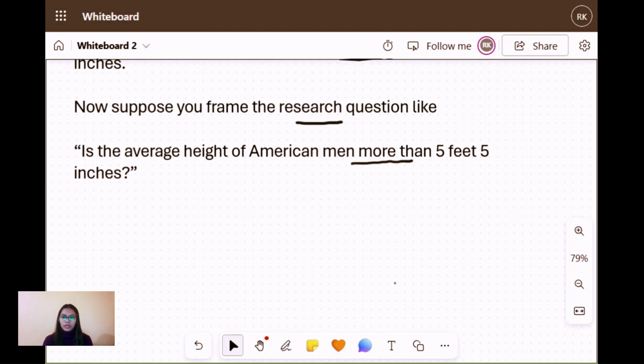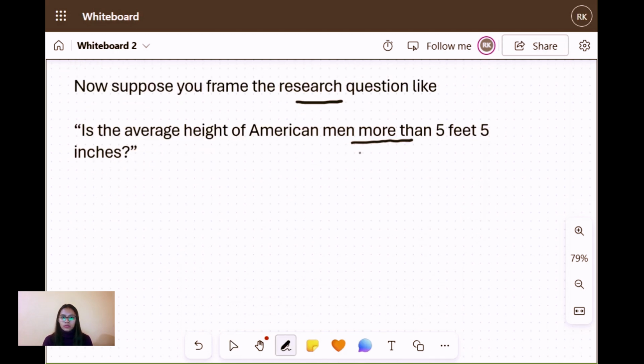So here our keyword is more than. More than is the keyword that tells us whether the p-value is based on the left tail, right tail, or both tails. More than has the sign greater than, and it has a direction to the right. So we have a right tail test here.